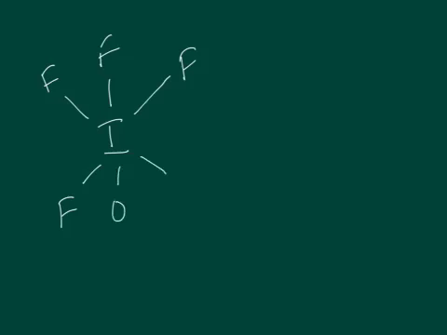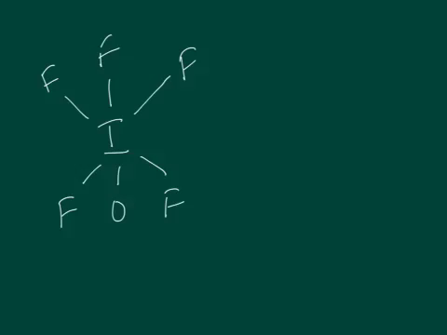First, you need to add all the valence electrons together. So IOF5 has 48 valence electrons. So the structure would be: this is I, F, this oxygen, again fluorine.